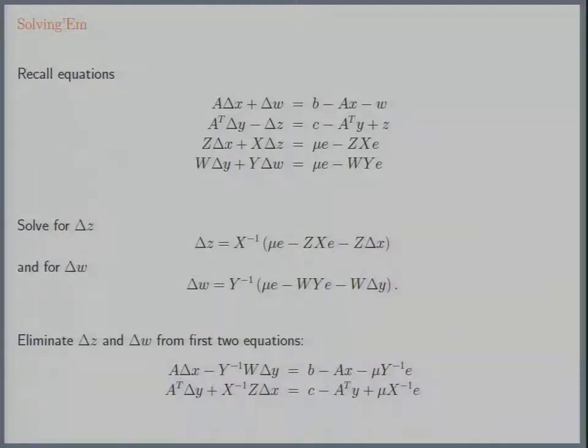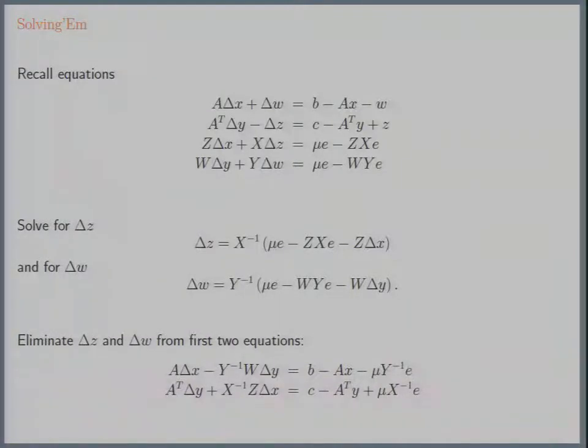We can actually simplify it a bit, or do part of the solve quite quickly, because the last two equations are really quite simple. This is n equations, and the delta z variable appears in just, each delta z1 appears in the first equation, delta z2 in the second equation, and so on. And so this is very easy to solve for delta z.